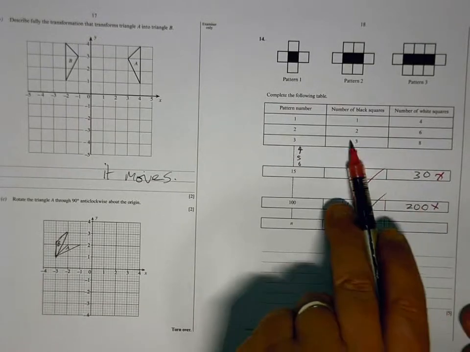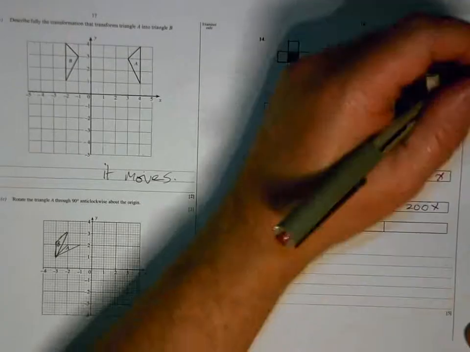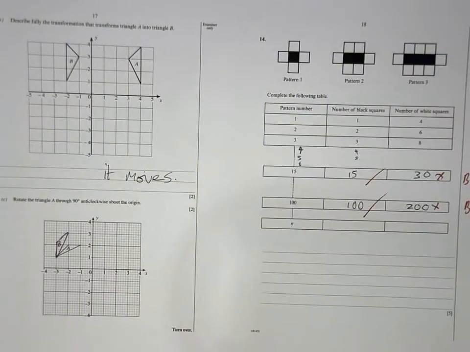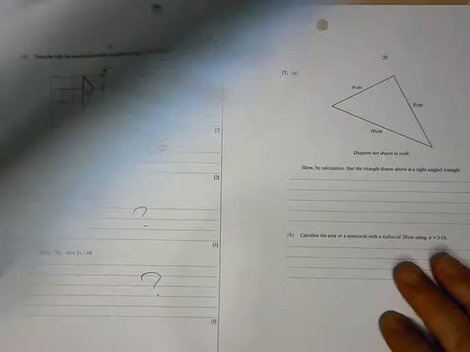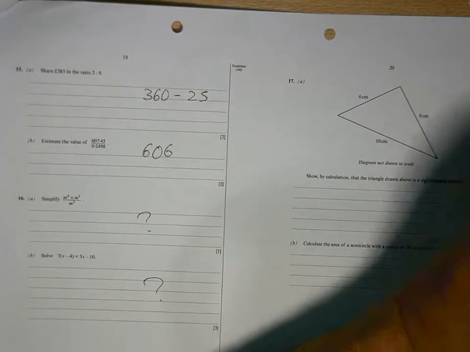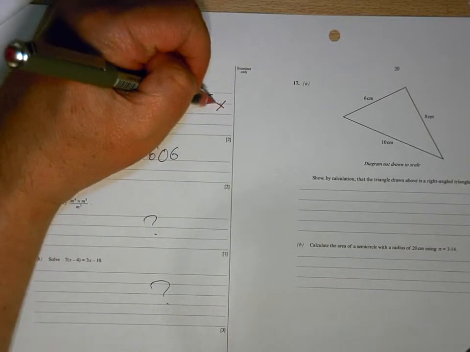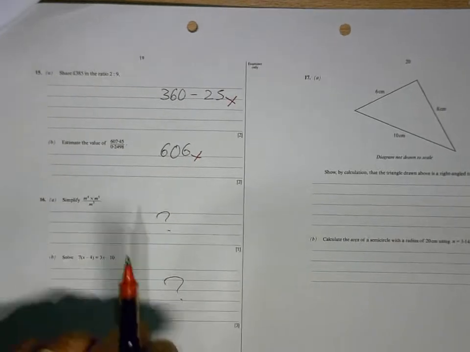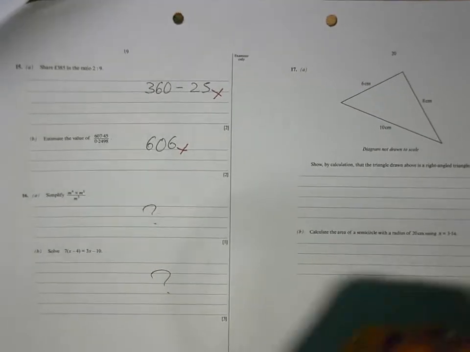According to you, that would be double, so that would be 6, that would be 4, and so on. Those aren't right, and again we'll be spending time doing those. That you should be able to do even if you can't do that.